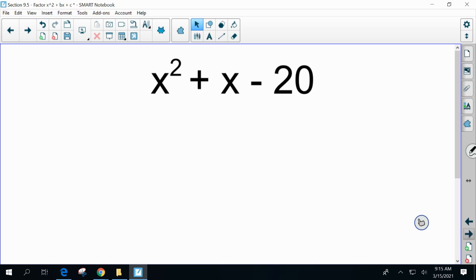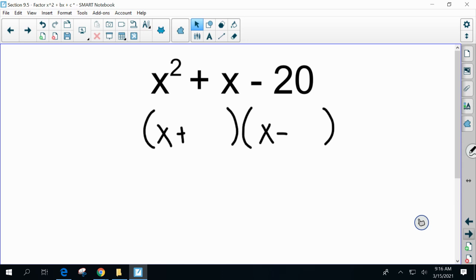Next one, plus, minus is gonna equal plus, minus. So I'm looking for factors of 20 that have a difference of 1, that are 1 apart from each other. Yeah, sorry. 5 and 4. So 1 and 20 wouldn't work, that's 19. 2 and 10 would be 8, so we're looking at 5 and 4.